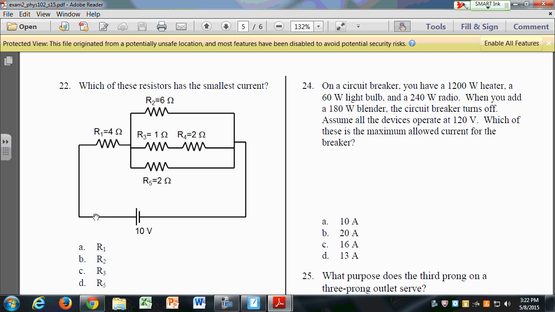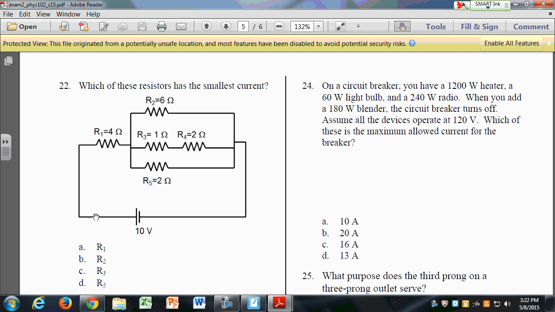The smallest amount of current will go where the largest resistance is, because resistance resists the flow of electricity. So this one has 6 ohms, this one has a total of 3 ohms, and this branch has 2 ohms. So this one will have the smallest current, this one will have the next smallest current, and this one will have the largest current of all. So know how a current is distributed throughout a circuit in this way.